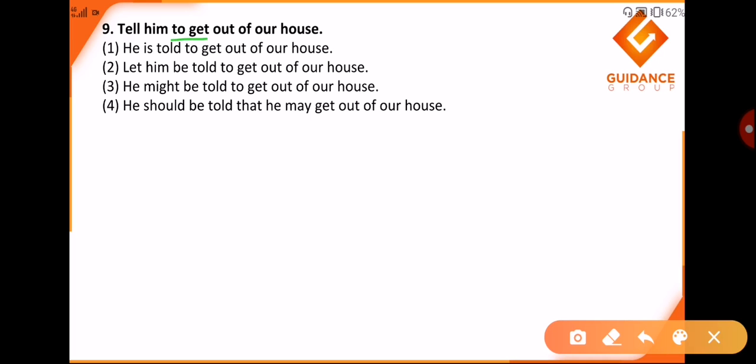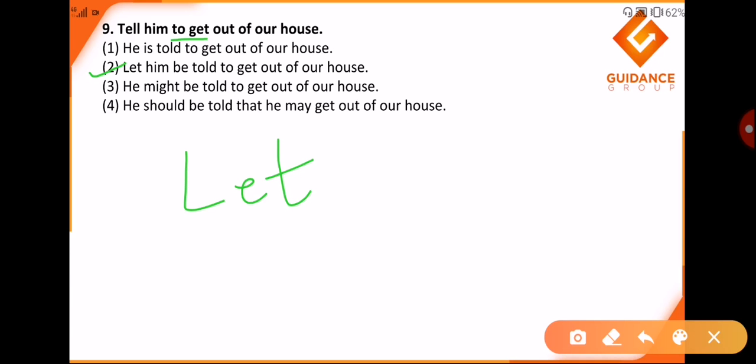It was like "let him pick up the box". So it starts with "let". In these 4 options, only the second one starts with "let": let him be told to get out of our house.